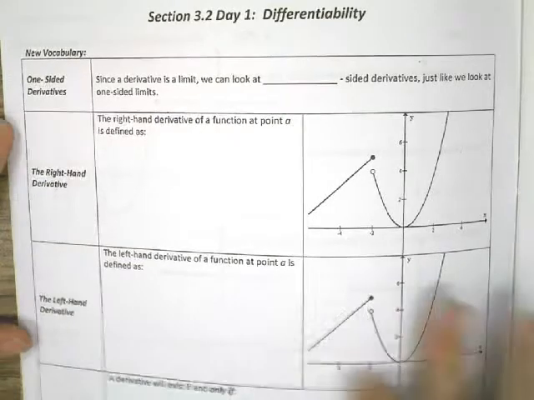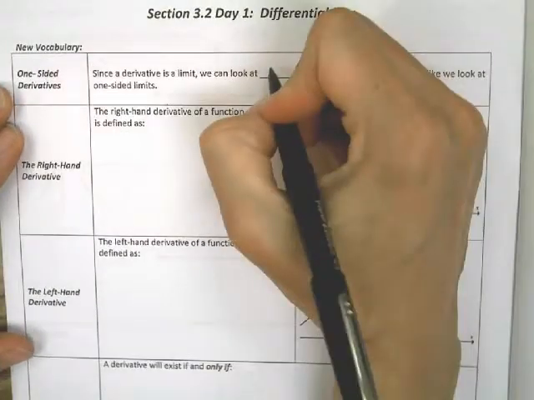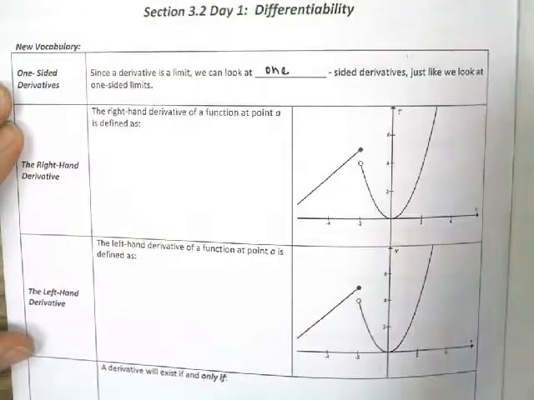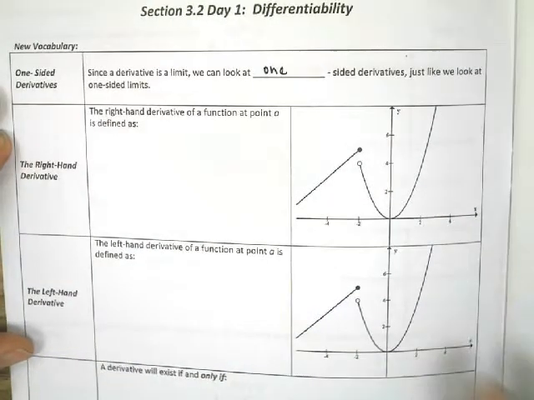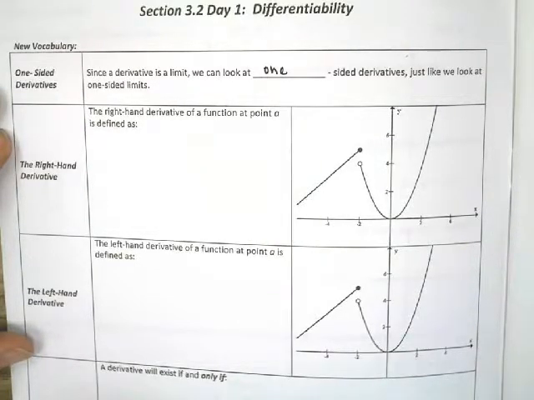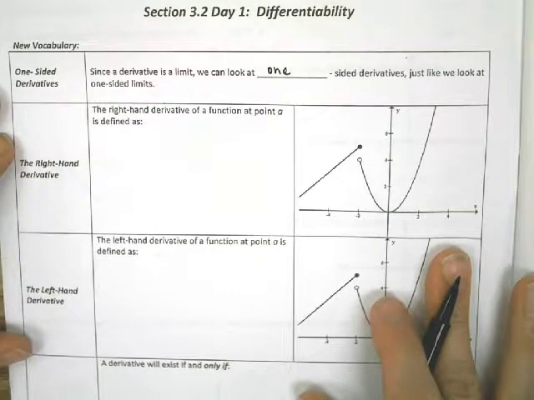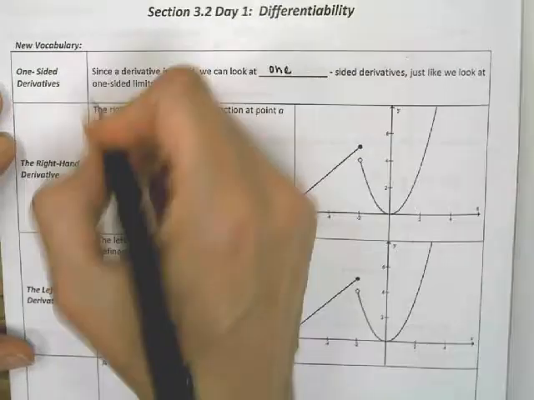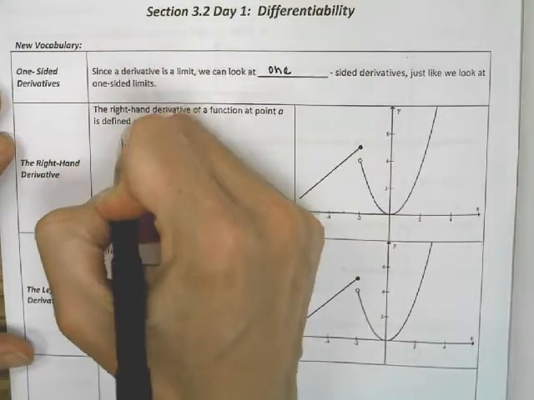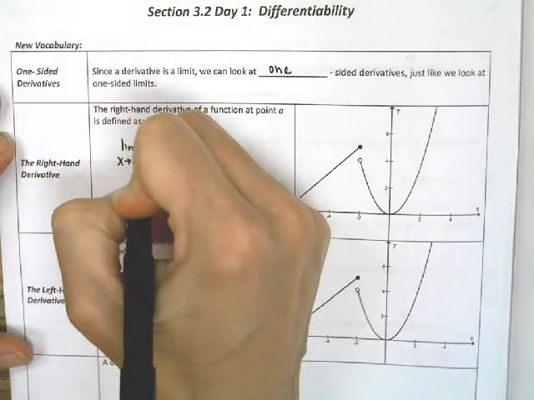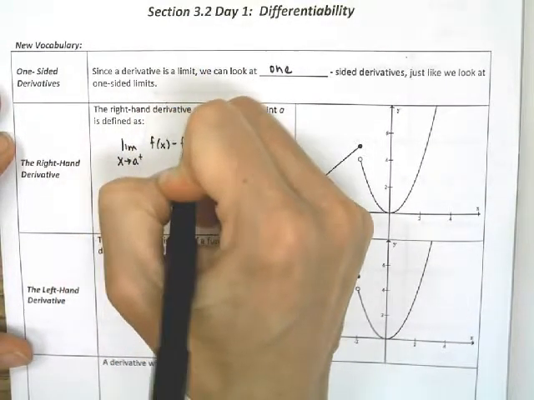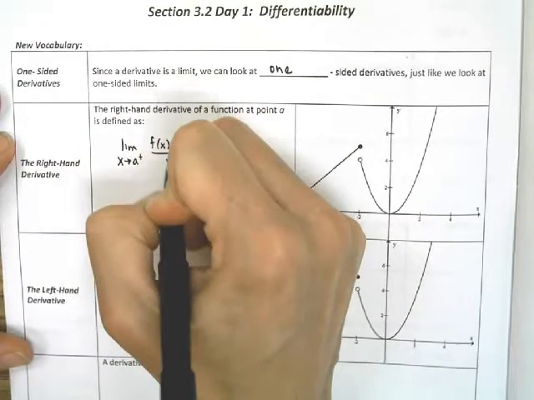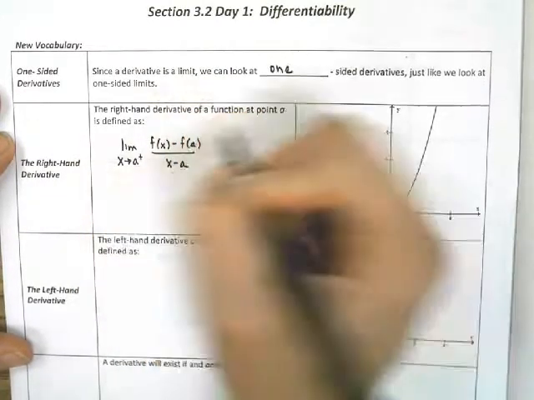We know that since a derivative is a limit, we can look at one-sided derivatives just like we look at one-sided limits. So we're going to talk about the right-hand and left-hand derivative. The right-hand derivative of a function at a point a is defined as the limit as x approaches a from the right of f of x minus f of a over x minus a.